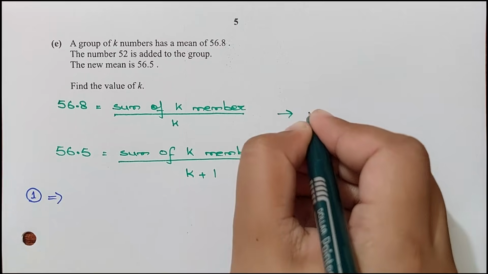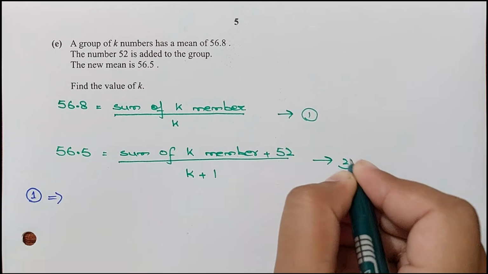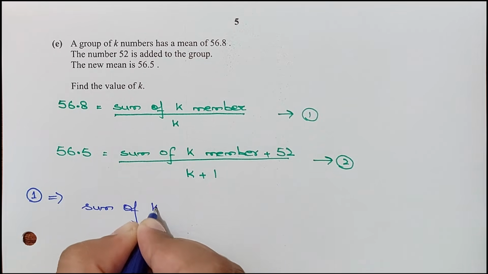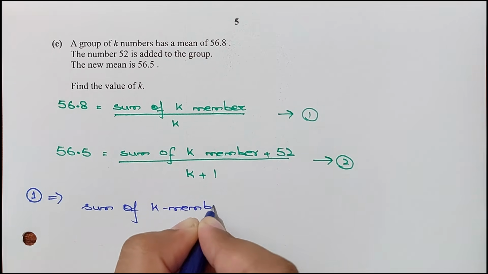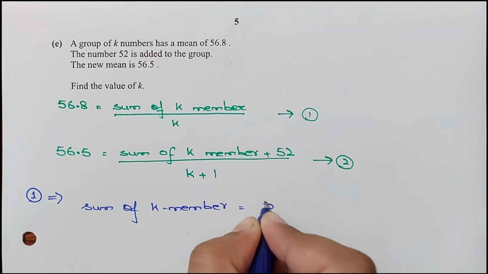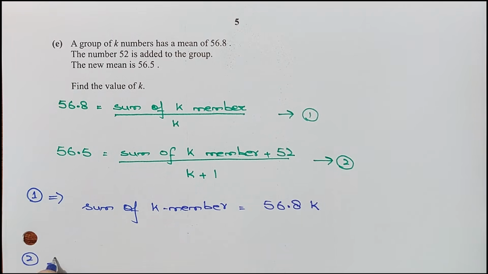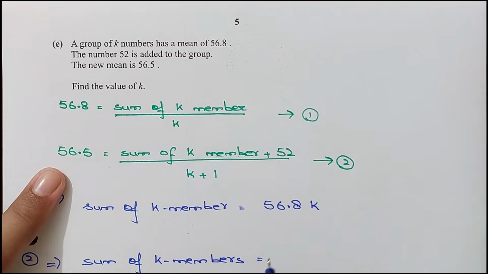Let me name this equation 1 and this equation 2. From equation 1, the sum of k numbers is 56.8k, and equation 2 implies, by cross multiplication, the sum of k numbers equals 56.5k plus 56.5 minus 52.